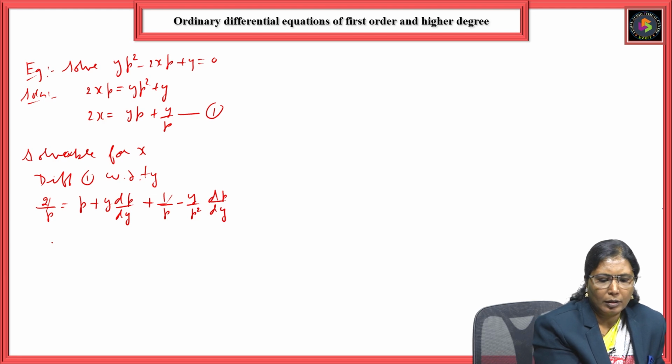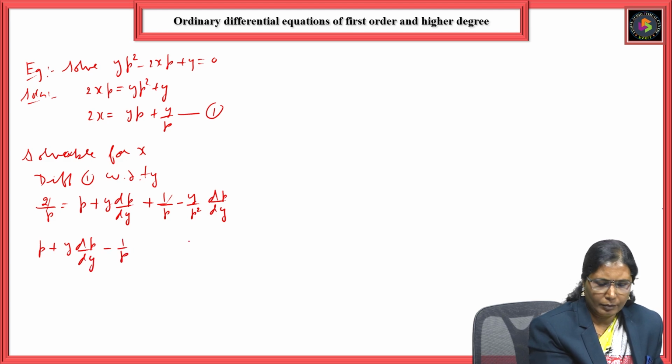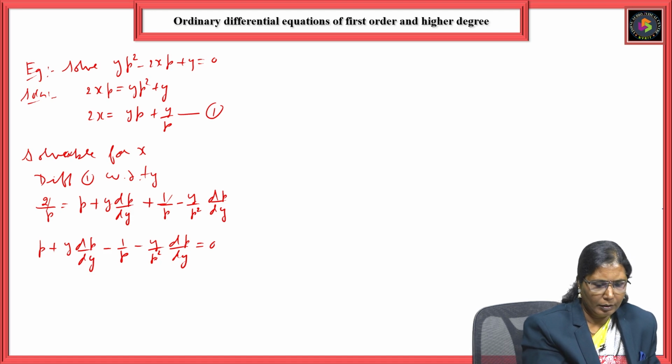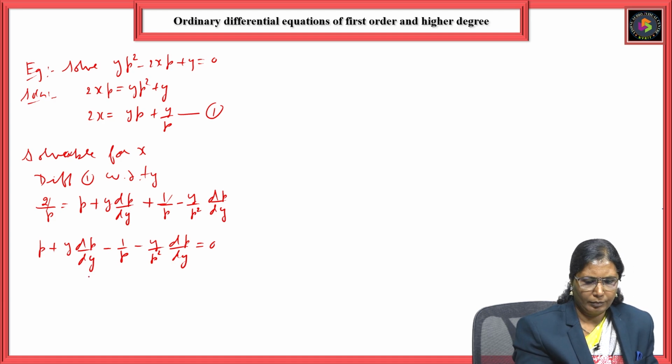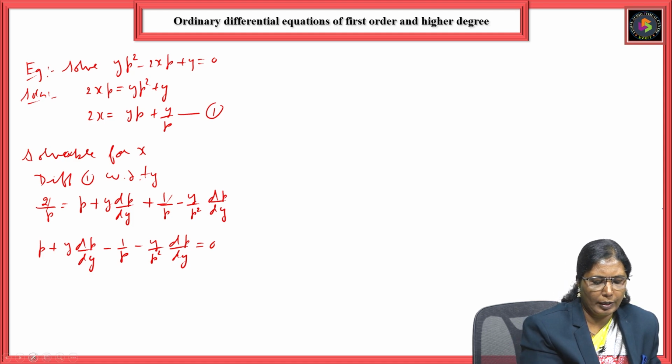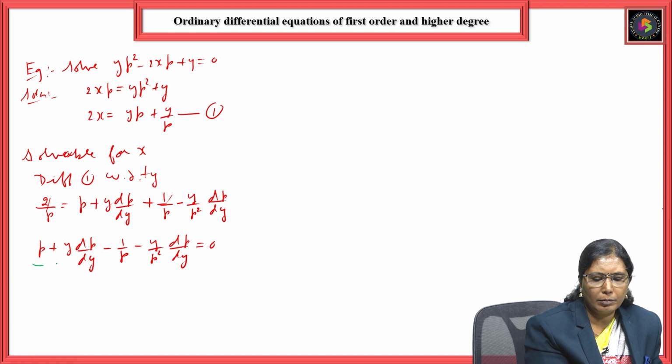So what do you get here? p + y dp/dy - 1/p - y/p² dp/dy = 0. Here, what is common in these terms? If you take p common, you get p(1 - 1/p²). In these terms, if you take y dp/dy common, you get y dp/dy(1 - 1/p²). So 1 - 1/p² is common throughout.